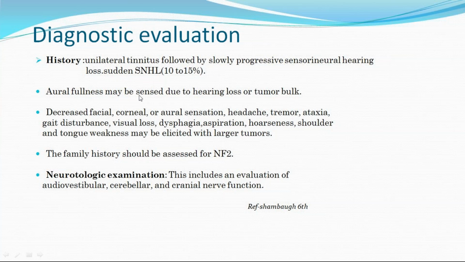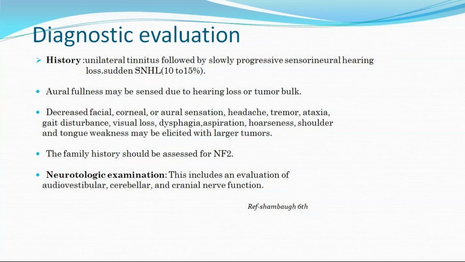So aural fullness may be sensed due to hearing loss or tumor bulk, decreased facial, corneal, and oral sensation, headache, tremor, ataxia, gait disturbance, visual loss, dysphagia, aspiration. Dysphagia, aspiration, hoarseness, shoulder and tongue weakness are all involvement of the lower cranial nerves.